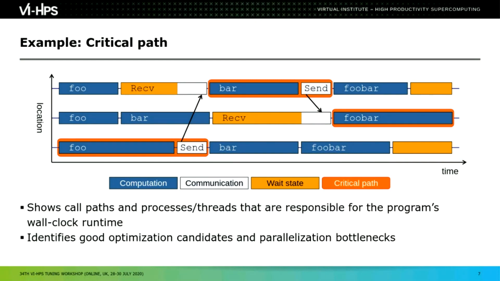Likewise, when we're in the middle executing bar, it's only the part of bar in the middle executed on the top rank that determines the critical path. Bar, as we can see, is executed by the other ranks as well, but the other ranks don't in this case contribute to the critical path execution of bar. It's only the time of bar on the top rank that contributes to the critical path.